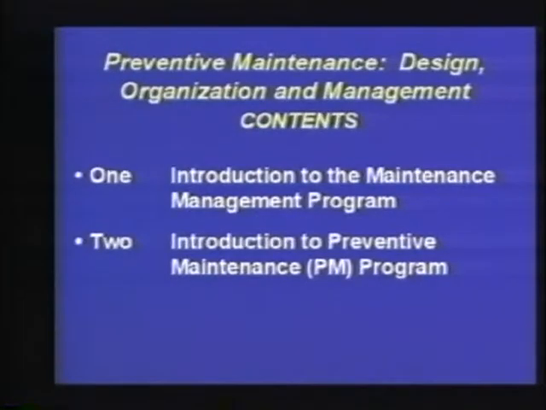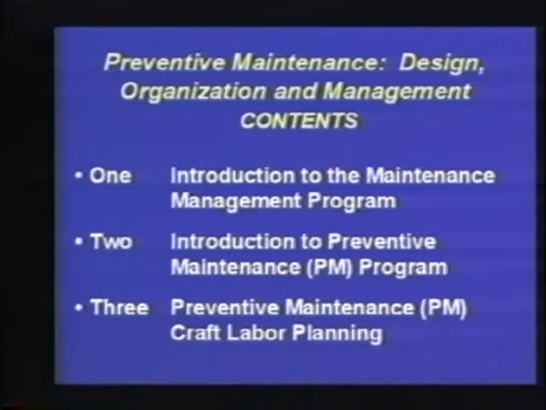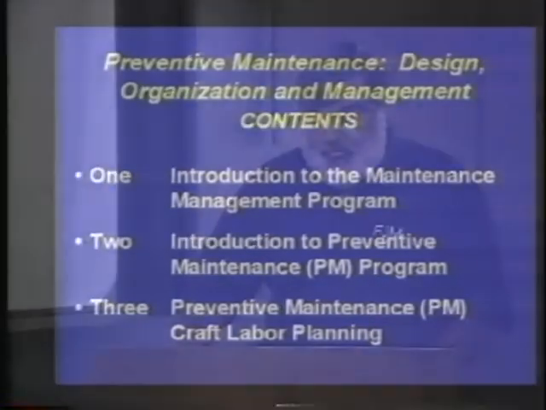Section 2 is the introduction to PM, and we're going to get into the basics of what is required to develop and maintain and install a PM program. Section 3 is going to address one of the 2 major planning activities, and that is craft capacity planning, or some people refer to it as labor planning.